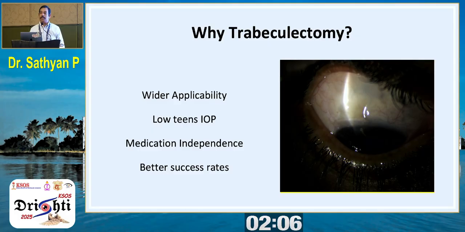Looking at trabeculectomy, it works in every given type of glaucoma and every given stage of the disease. But as a general principle, we never do trabeculectomy as a first choice.